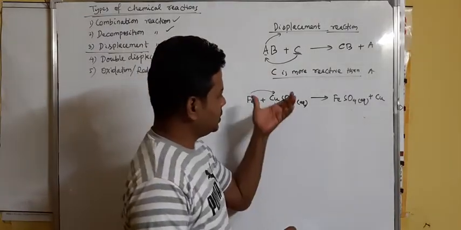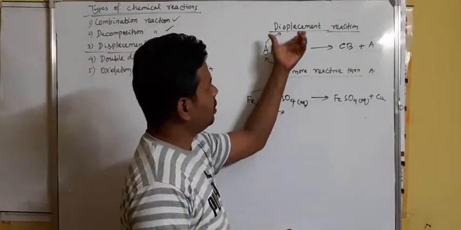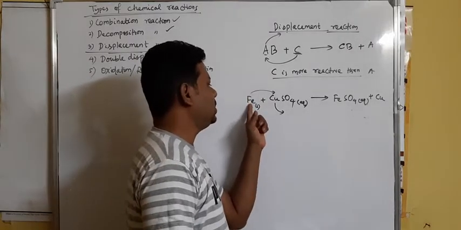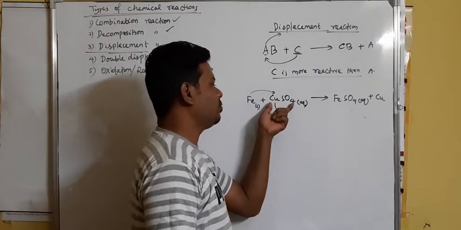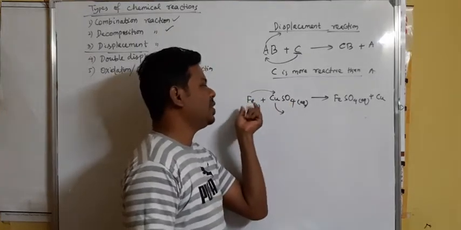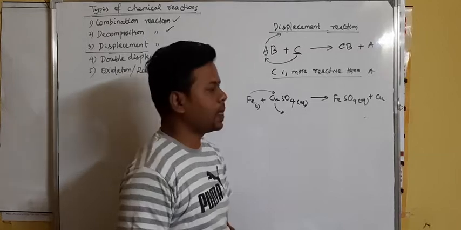This is an example of a displacement reaction. In this reaction, iron is displacing copper from its compound because iron is more reactive than copper.